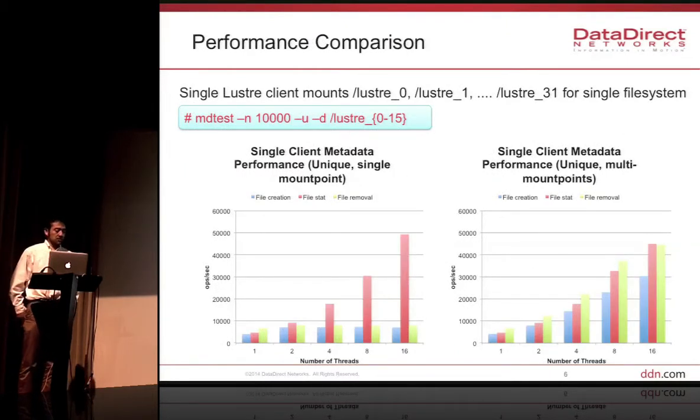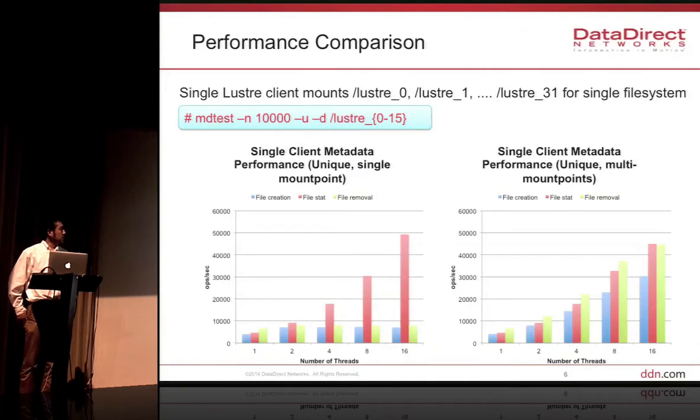This is a quick example using the modified mdtest. On the left side is the standard single mount point on the Lustre client. As I said, only the stat operation scales when the number of threads is increased.